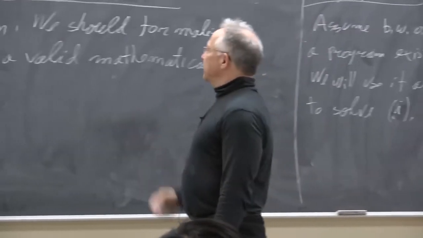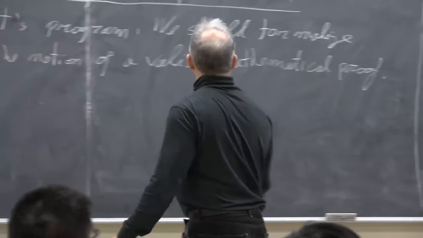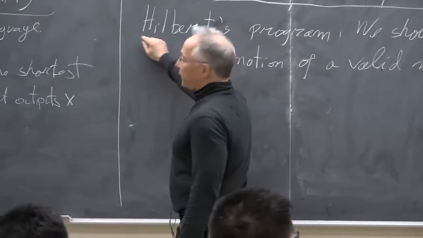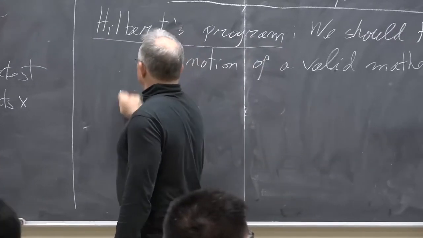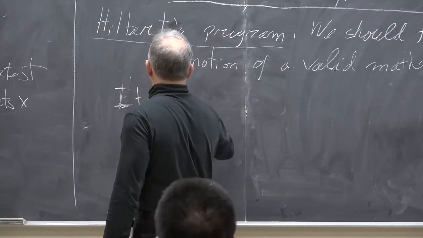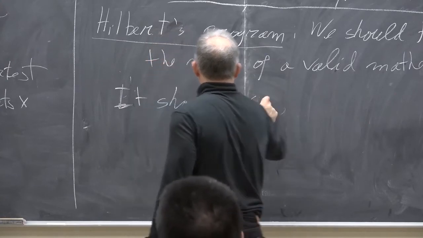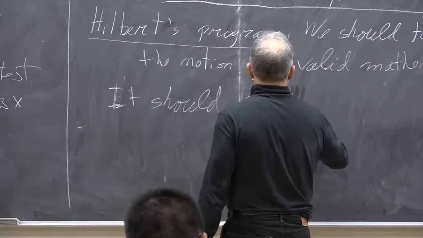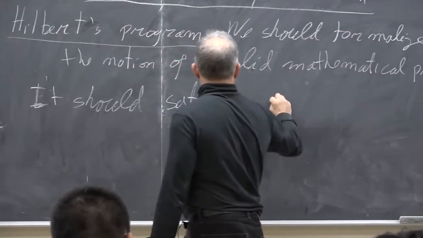And what do we want such a notion of a valid mathematical proof to satisfy? It should satisfy the following three requirements.